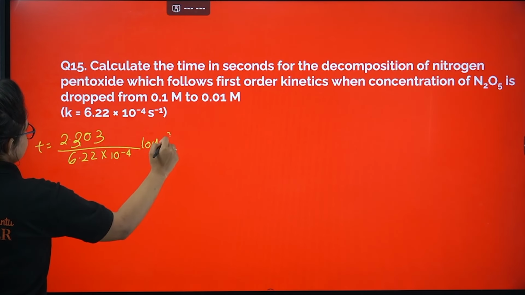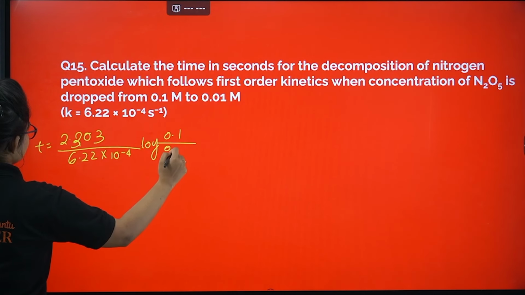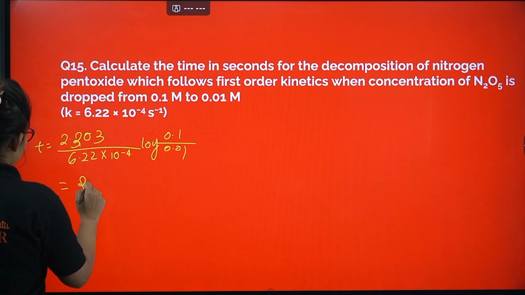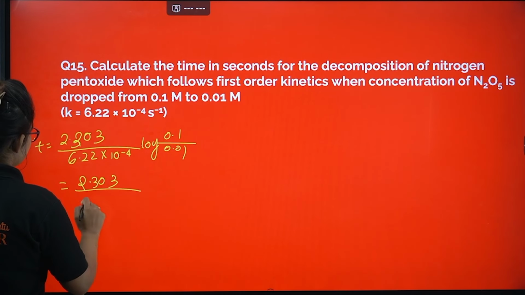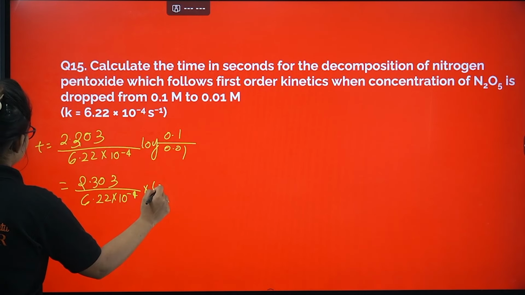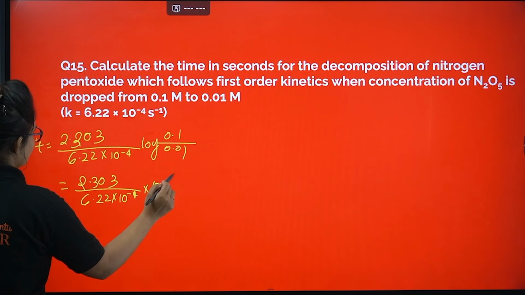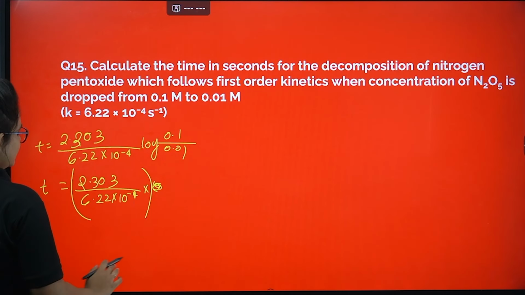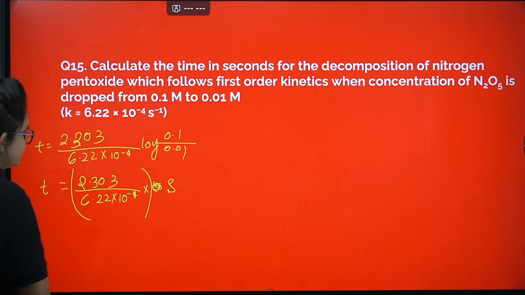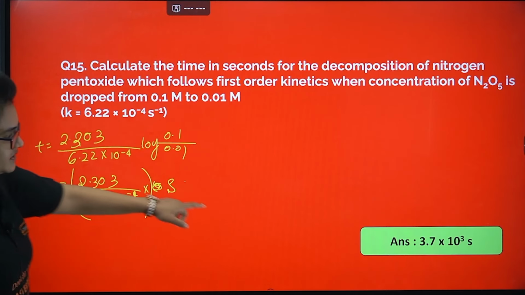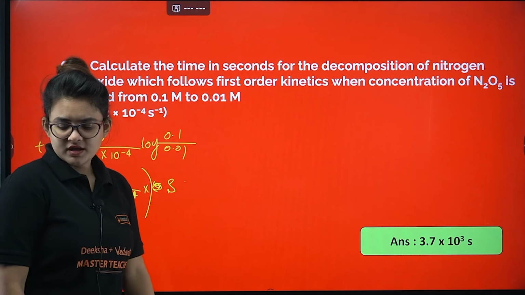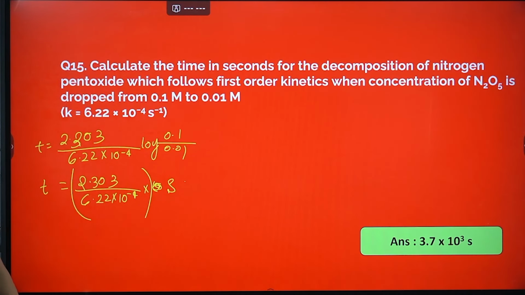Log, initially I started with 0.1, I will end with 0.01. If I simplify this a little, 2.303 divided by 6.22 into 10 power minus 4 into log 10, which is 1. So T, if you calculate this much, it will be enough. Definitely your answer will be in seconds. The answer will come to something like 3.7 into 10 cube. That's it. I guess this is clear for you.